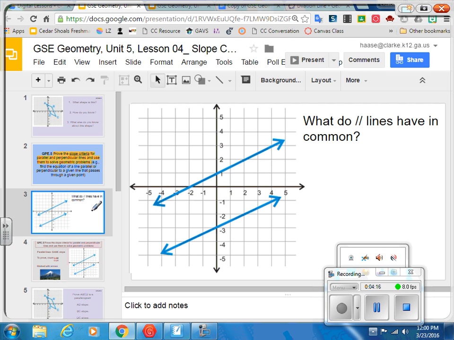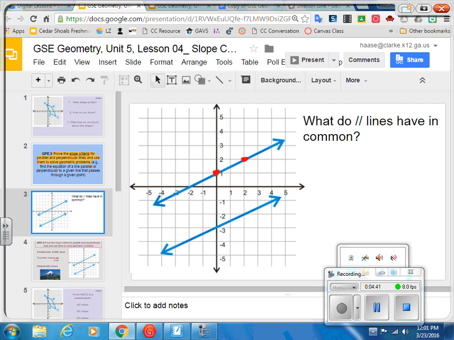So if you would, everybody, what's the y-intercept on the top line? 1. Okay, draw a point on 1, and let's count the rise over run. Is the rise up and down or left and right? Up and down. I'm going to make these two points.